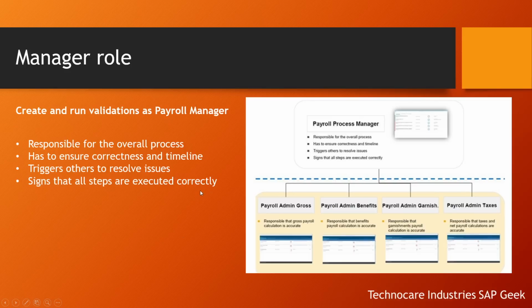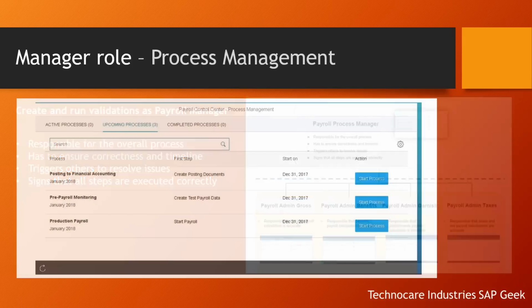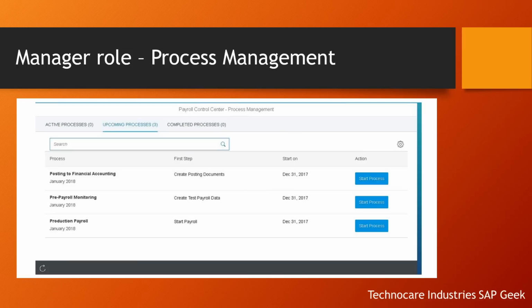Later on, when we'll be looking at administrator roles, we'll be focusing on these roles over here. Currently we are only bothered about the payroll process manager, that is, what are the different responsibilities and what is the screen on which the payroll manager will be working. So the payroll manager in payroll control center will have a screen called process management.